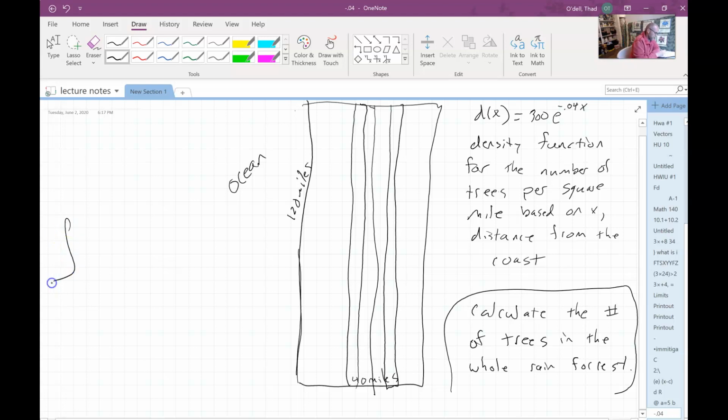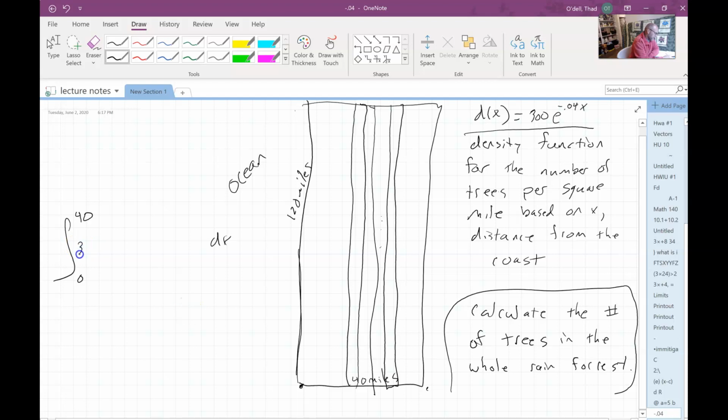We're going to do an integral, and we're going to integrate on x, so this could be dx. We're going to go from 0 to 40. That makes sense. What we're going to put in here is the number of trees per strip. The number of trees per strip is going to be the density function times the area, or the square mileage, of the strip.